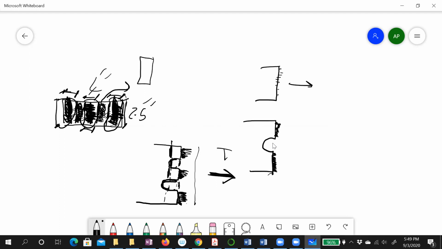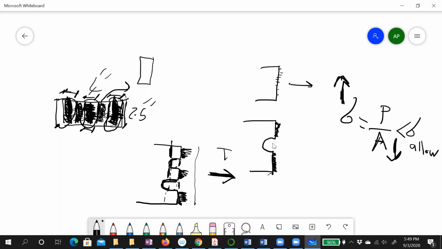Since sigma is P over A, the whole length contributes to area, and then we remove this part, which decreases the area and increases the stress. Since we increase the stress, we should compare this one with sigma allowable. Does it make sense? Yes, it makes sense.